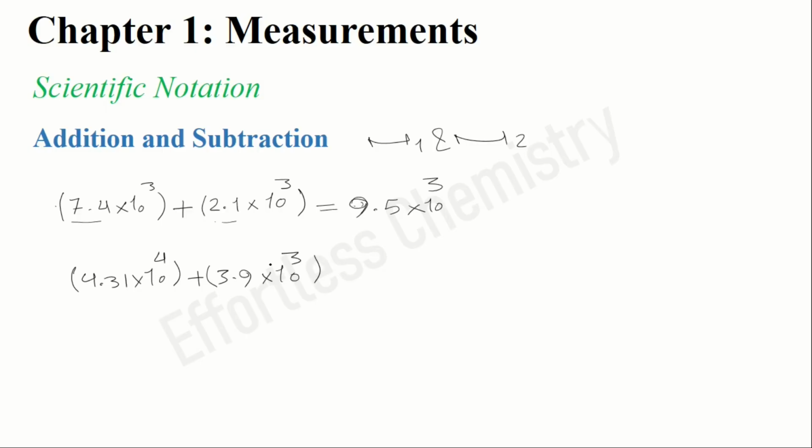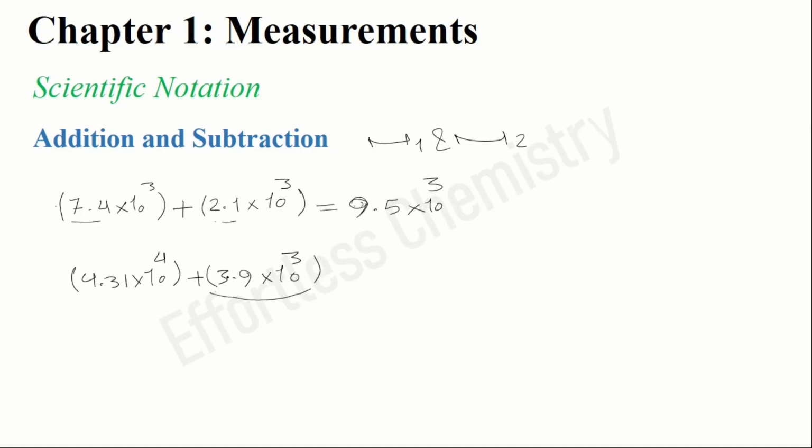As you can see, the exponents here are not equal, and to do this calculation, which is addition, we need to make them equal. So I will start with this one and try to make its exponent like that one.